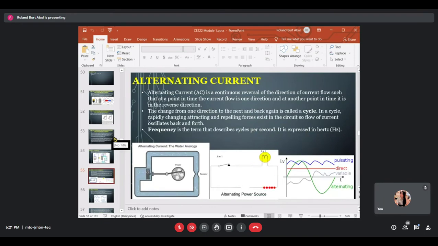Next is the AC circuit or alternating current. So, alternating current is a continuous reversal of the direction of current flow such that at a point in time, the current flow is in one direction and at another point in time, it is in the reverse direction. So, consider ta sa figure na nasa lower left.